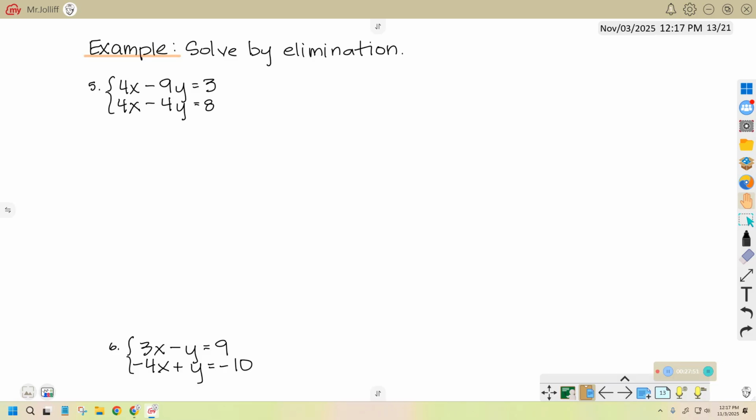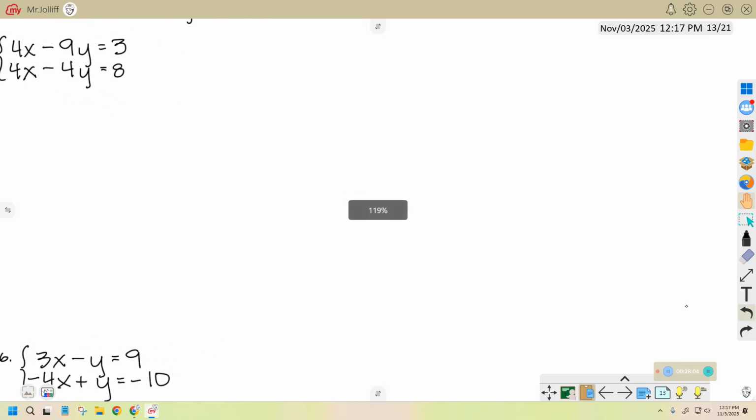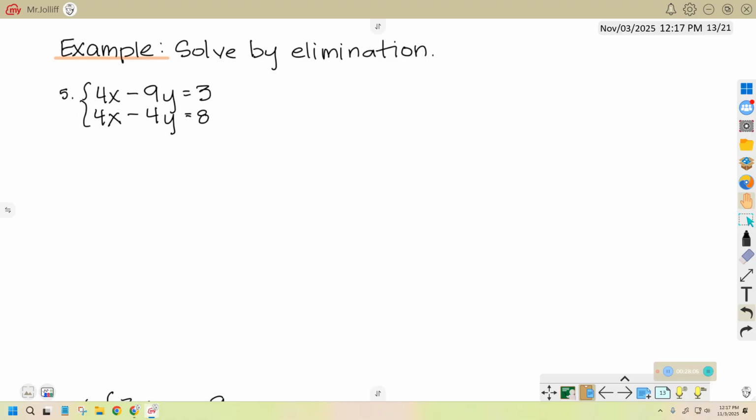Okay, so first example. We have the system 4x minus 9y equals 3 and 4x minus 4y equals 8. And the first thing I look for when it says solve by elimination is, do I have matching coefficients on one of my variables? Yes. The x's both have 4s, so I don't need to multiply by anything.